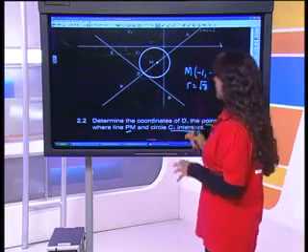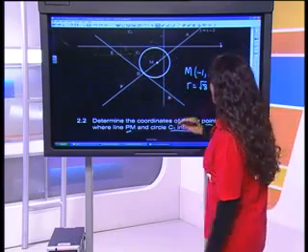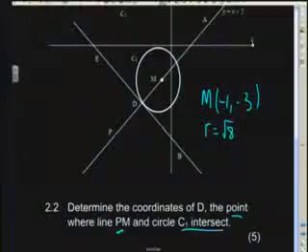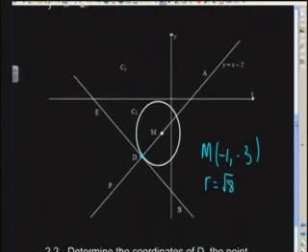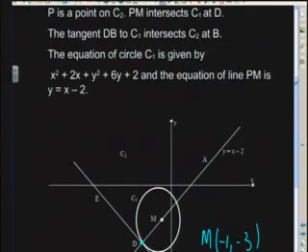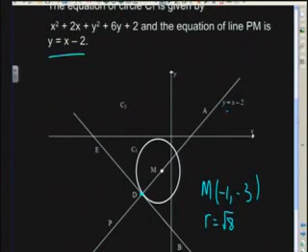So we want to look for D, which is the point of intersection between the circle C1 and the line PM. Remember, if we go up to the question, they also told you that the equation of line PM is x minus 2, and it's on the diagram here.